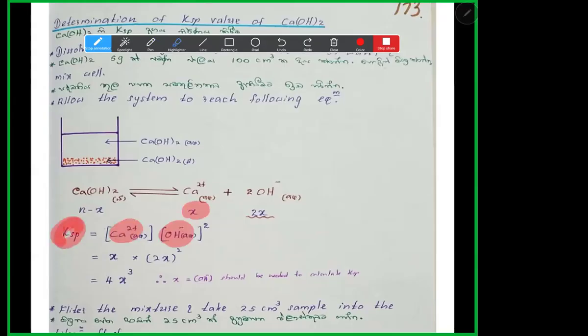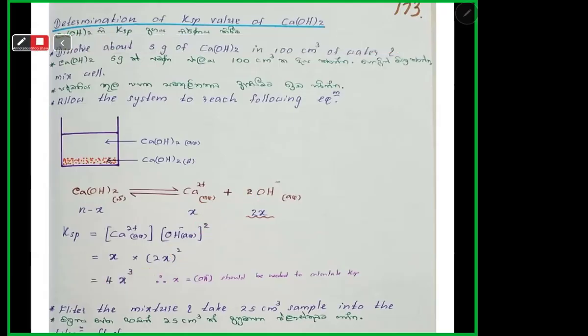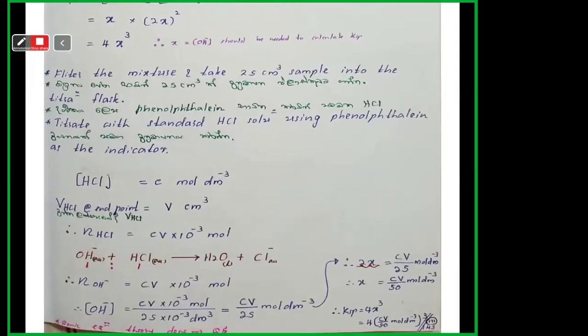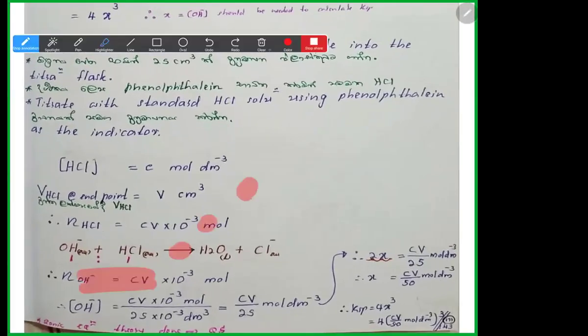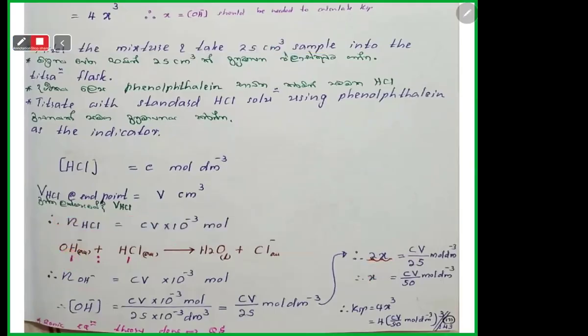Then KSP, since this is to the power 2, you have 2 here, so KSP equals 4X to the power 3. If you know X, then we can find KSP. So we're going to do this little titration with HCl, then get the number of moles of HCl, which equals the number of moles of OH. From that we can find X, and from that we can find KSP.